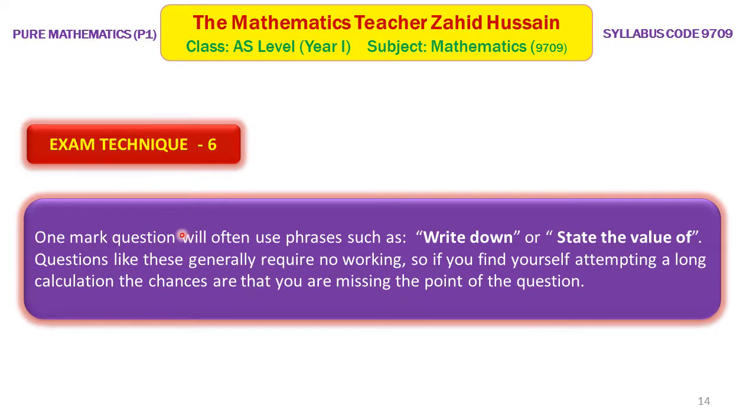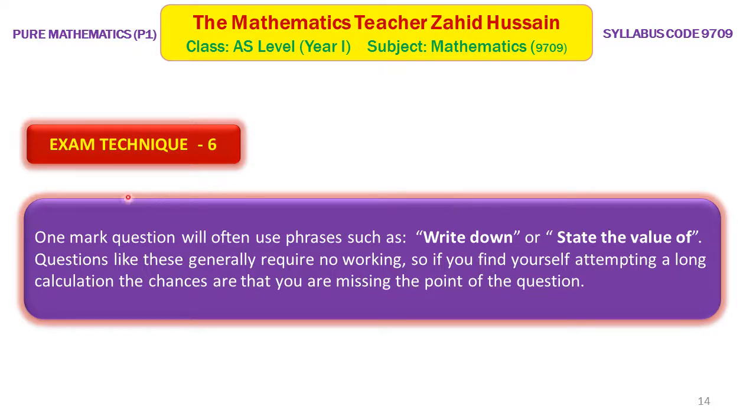Exam techniques. 1 mark questions will often use phrases such as write down or state the value of. Questions like these generally require no working. So if you find yourself attempting a long calculation, the chances are that you are missing the point of the question.